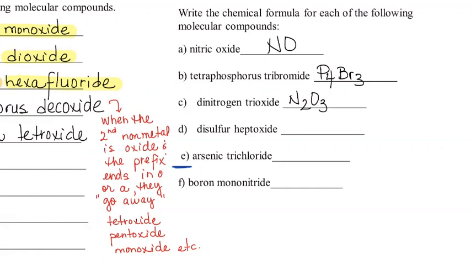N2O3. Letter D, disulfur. So how do we show the disulfur? Excellent. Heptoxide. How do we show heptoxide? Thank you, Marta. O7.